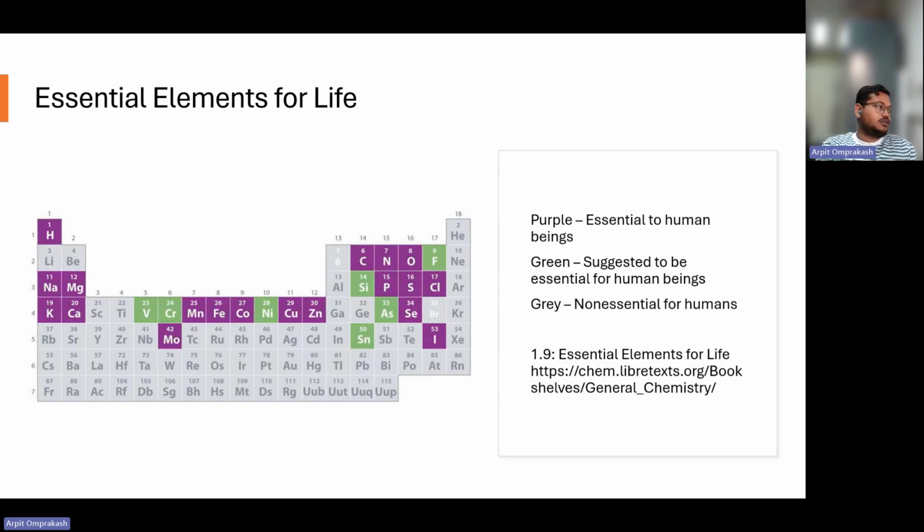Here we see that some of the most essential elements for humans are hydrogen, carbon, nitrogen, oxygen, and phosphorus.